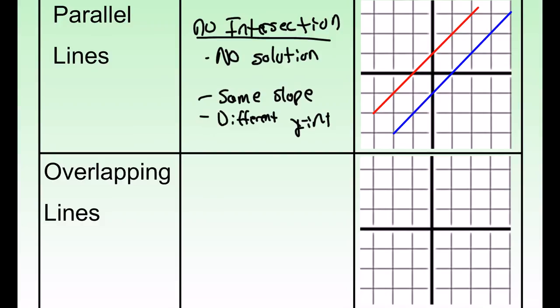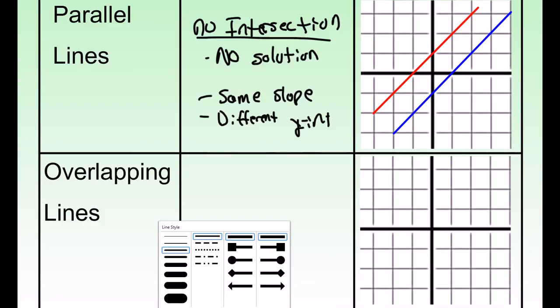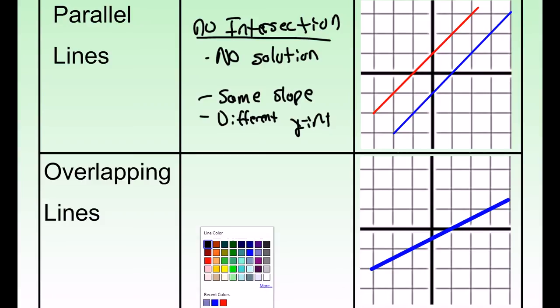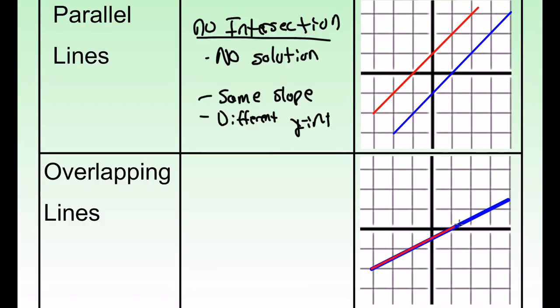And finally, these overlapping lines. I'm going to make the first one a little bit thicker. We'll go here, the slope of 1/2. Okay, and then we'll change to red, make it a little bit thinner again, and the same slope.